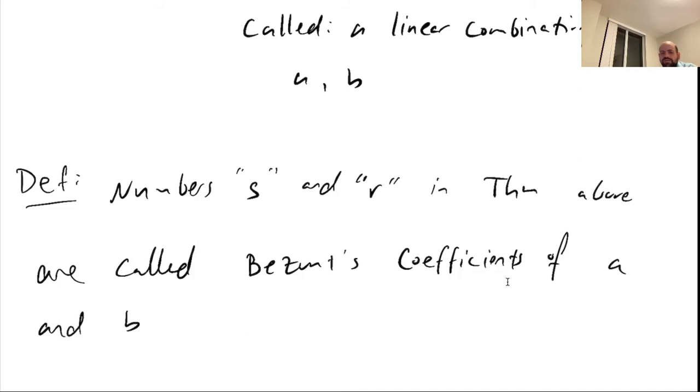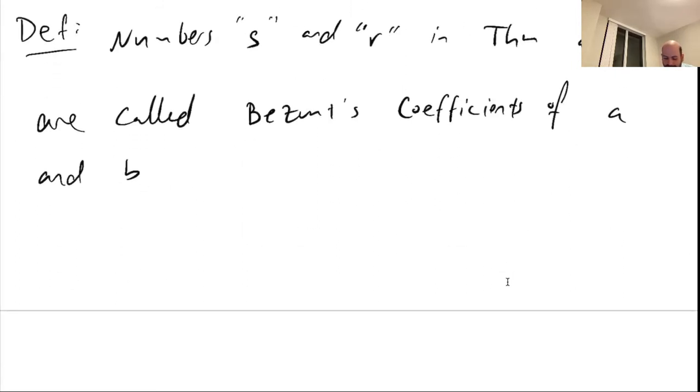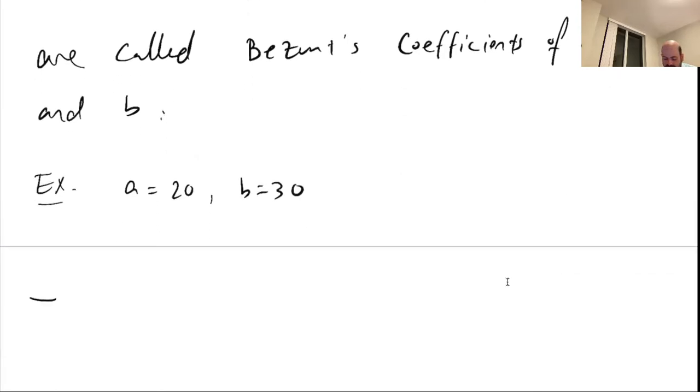Okay, so again, let's look at the simple example that we had before. A equals 20, B equals 30, and then we saw that GCD was 10.